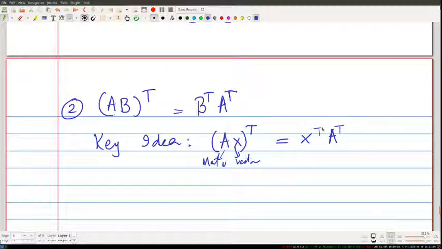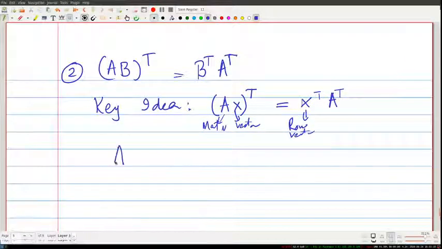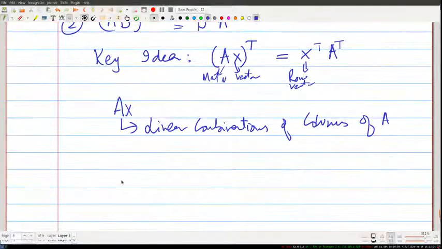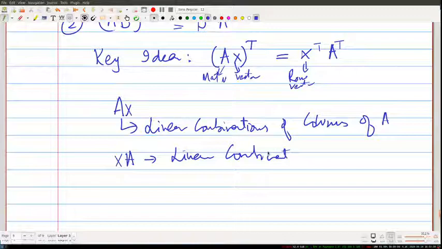So you multiply this row vector by the column vector, and the reason is when you're doing A times X, you are taking the linear combinations of columns of A. But when you're doing X times A, you are taking the linear combinations of rows of A.